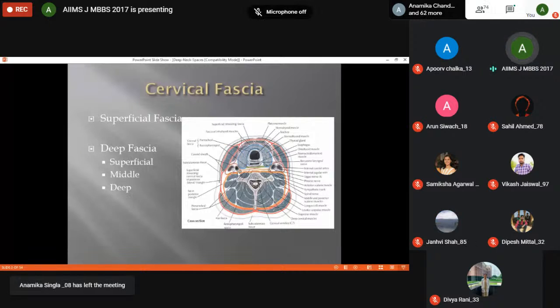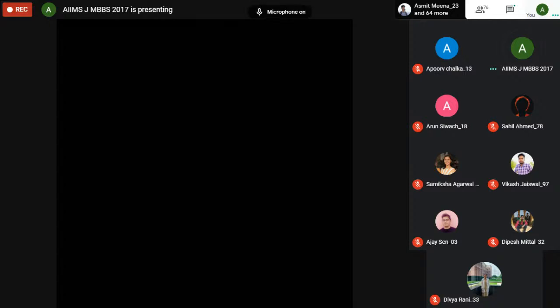Then there is a third layer. You can see this orange layer, which covers the vertebral muscles in front. These are vertebral muscles, no? This layer which covers the vertebral muscles in front is actually the deep layer of cervical fascia.